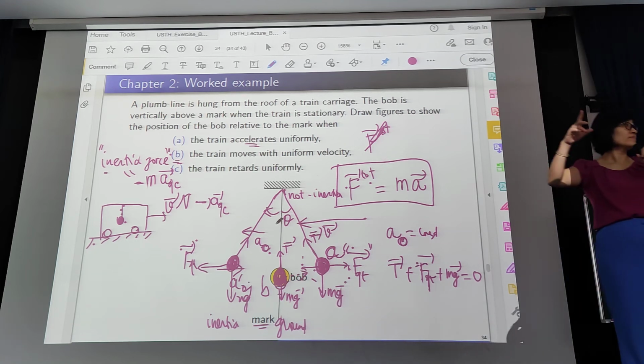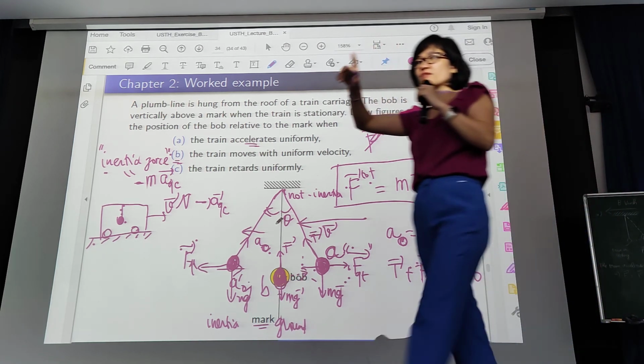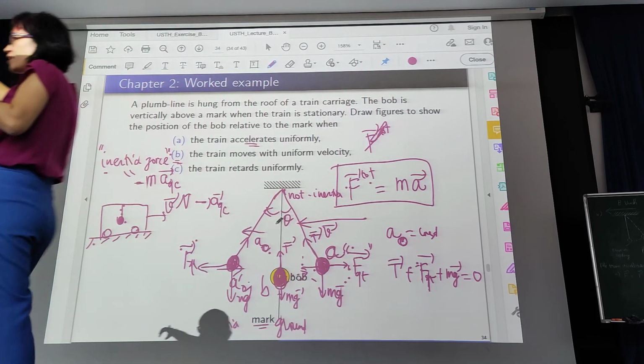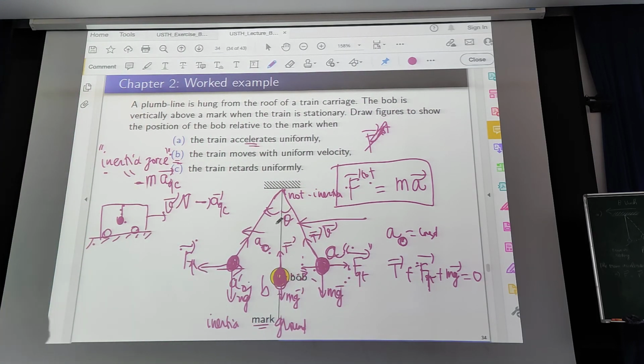Now, remember the conclusion. On a non-inertial frame, you have to count one more force, the inertial force, acting on the object. The inertial force is equal to the mass of the object multiplied by the acceleration of the frame, in the opposite direction. Very good.